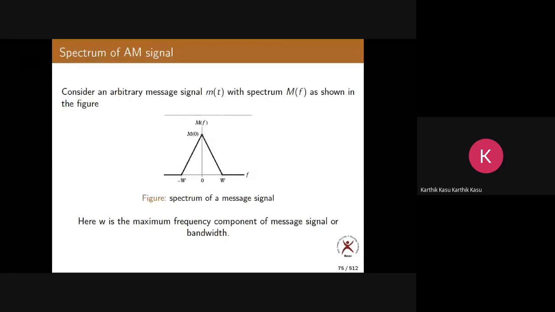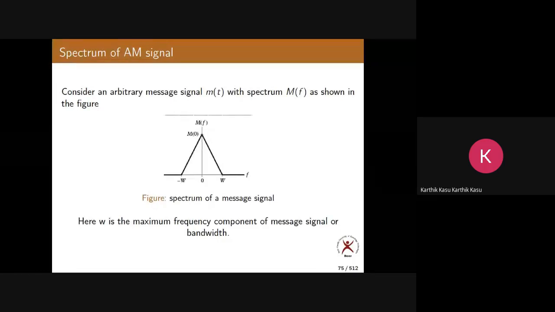Is it okay, all of you? So that's why we write this negative side. Actually, the spectrum is from 0 to W. But we write the negative side also, just because it has to be symmetric.